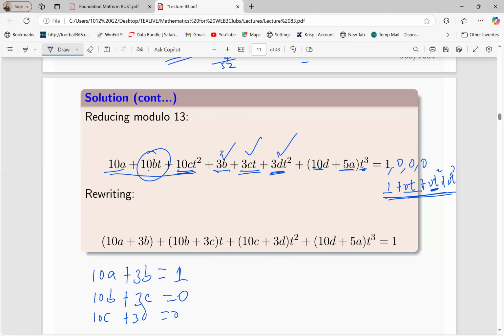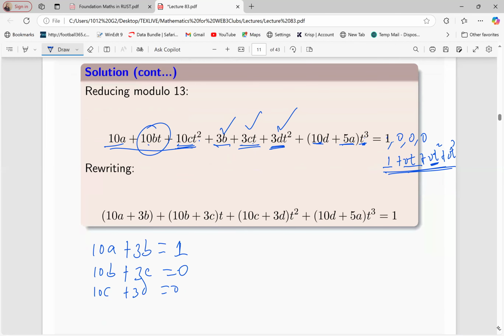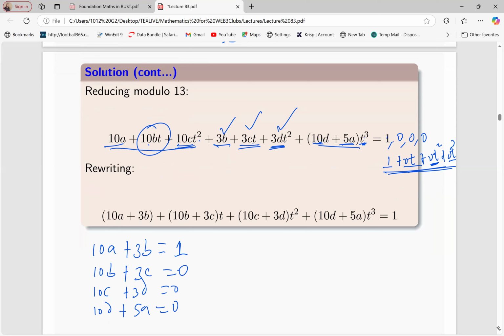Okay, I'm done with those that have t square, those that have t. Now I'm coming to those that have t cubed, and I just grouped them together. I was just waiting for this time. So 10d plus 5a, times t cubed, I equate it to 0. Now these are simultaneous equations that we then solve.